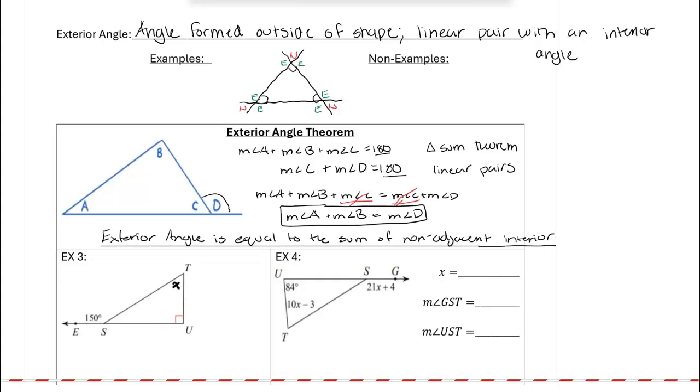So in our example, the exterior angle D is equal to the sum of the non-adjacent interior angles, which in our case were A and B. So again, the measurement of angle A plus the measurement of angle B is equal to the measurement of angle D.